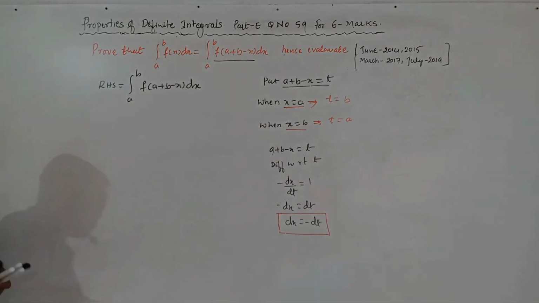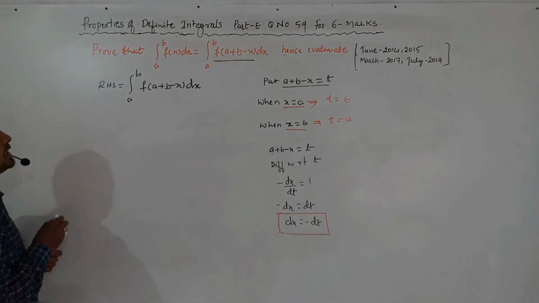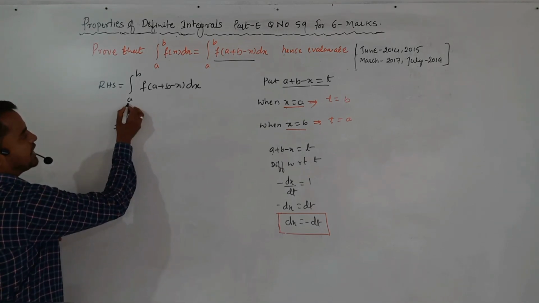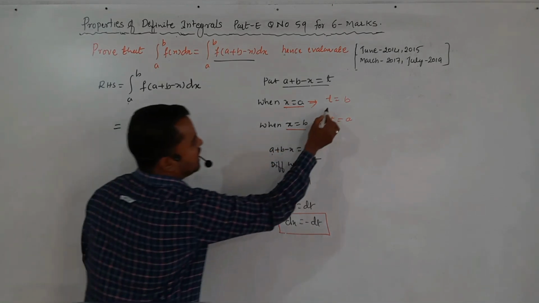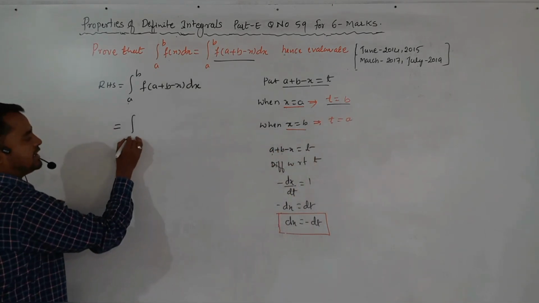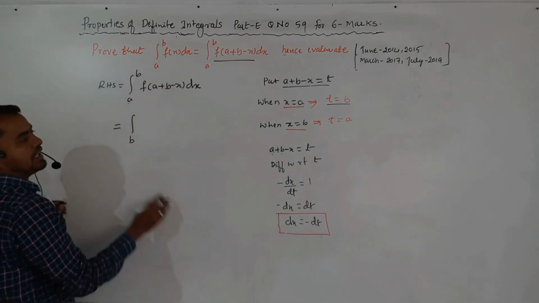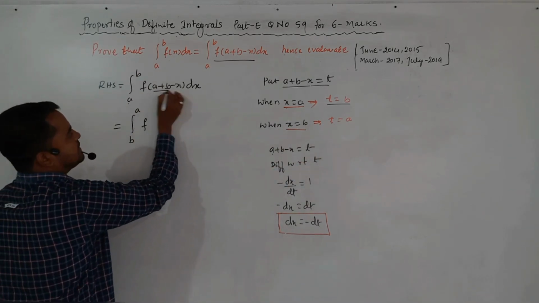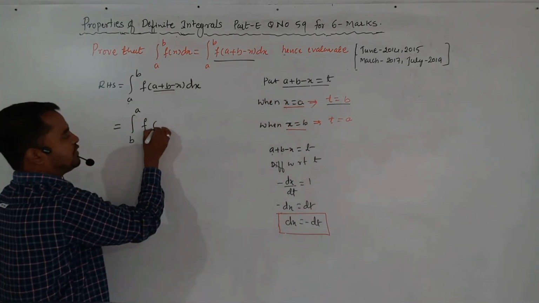See here, come to here. Now first I am writing the integration sign. When x is equal to a, the value of t is b, write b here. When x is equal to b, the value of t is a. Then f of a plus b minus x means f of t.